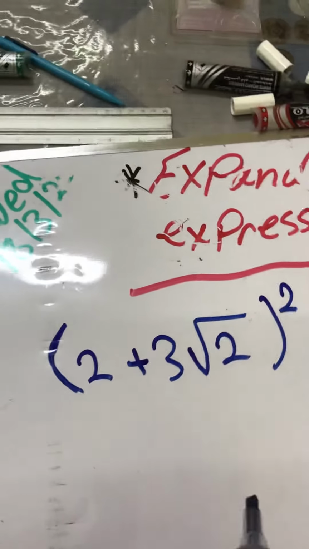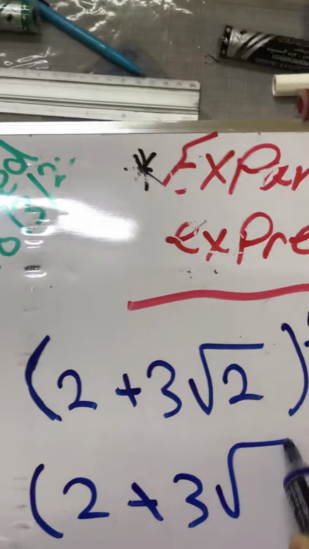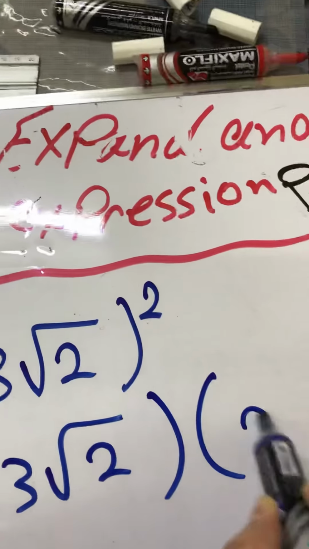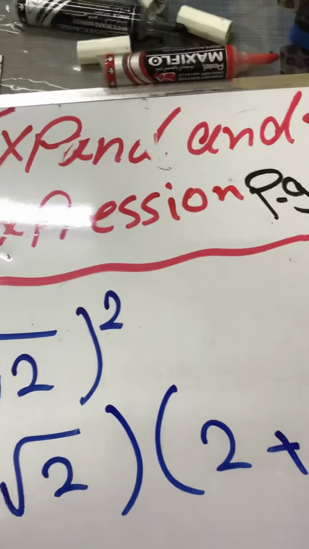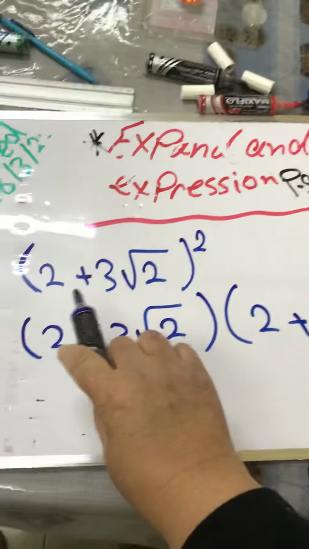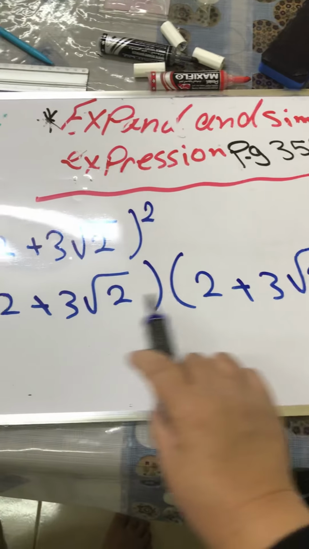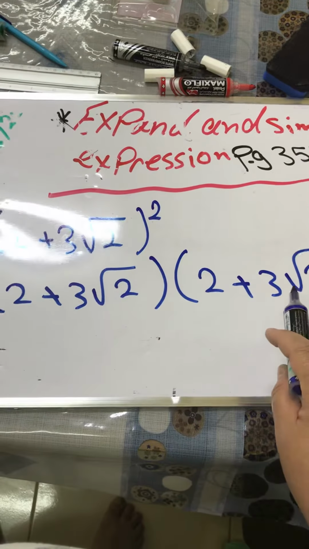So directly I can say it is (2 plus 3 square root of 2) multiply (2 plus 3 square root of 2), like this. Power 2, so the bracket is repeated, multiplied by itself 2 times, as you see here.